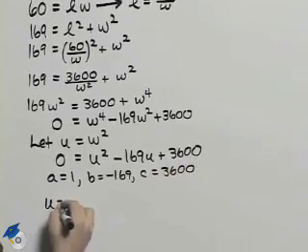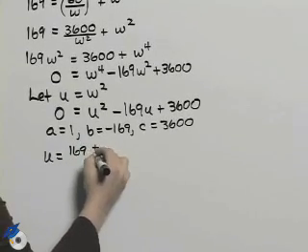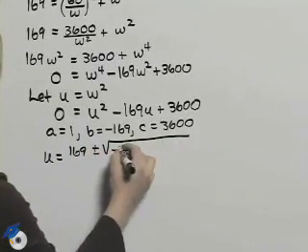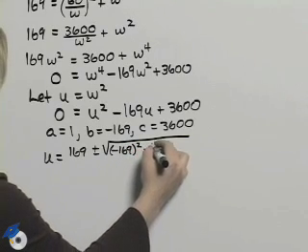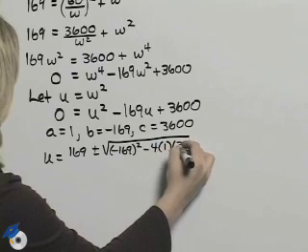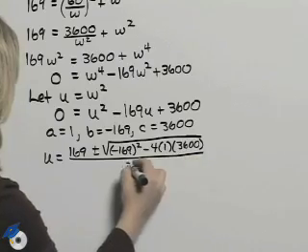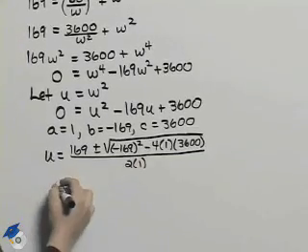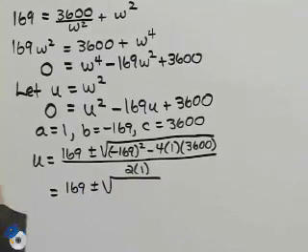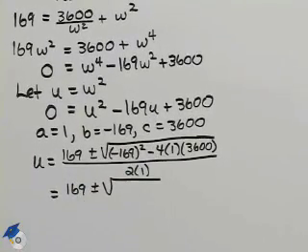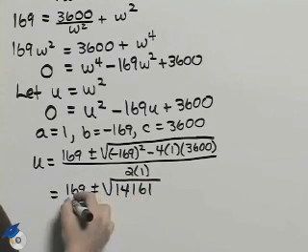So we'll let U equal, using the quadratic formula, the opposite of B, or 169, plus or minus the square root of B squared minus 4 times A times C, all over 2 times A. If we simplify, we'll have 169 plus or minus the square root of, and putting this into a calculator will give us 14,161.